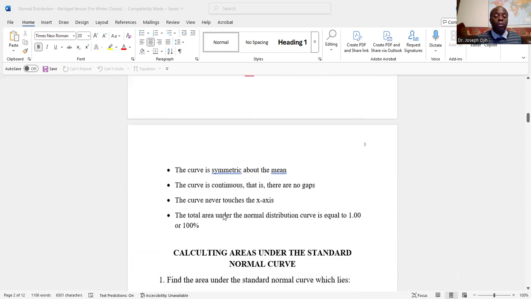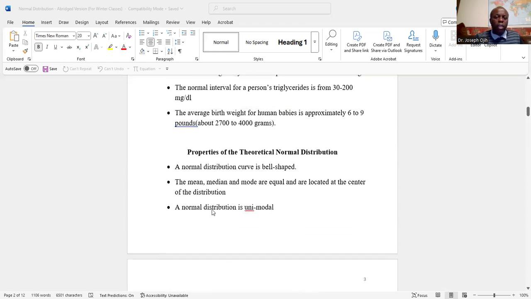Then the total area under the normal distribution curve is equal to 1. What does that mean?